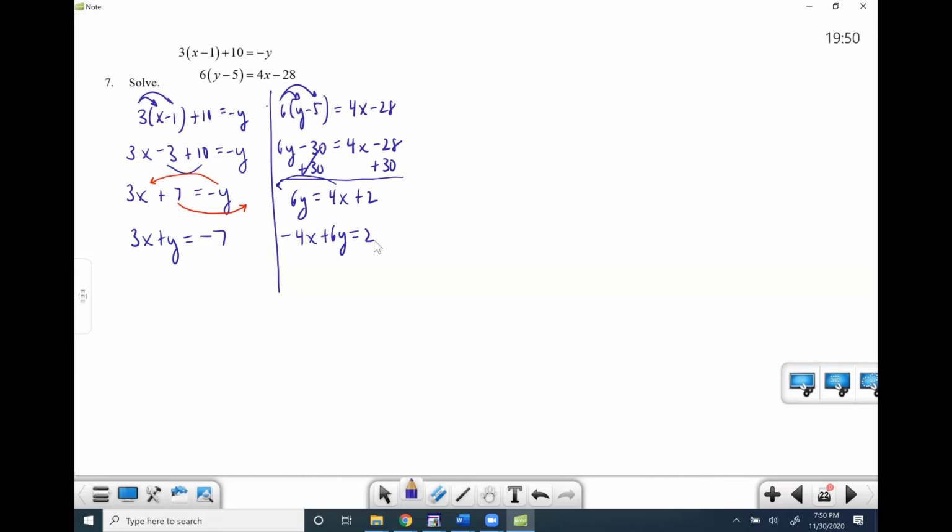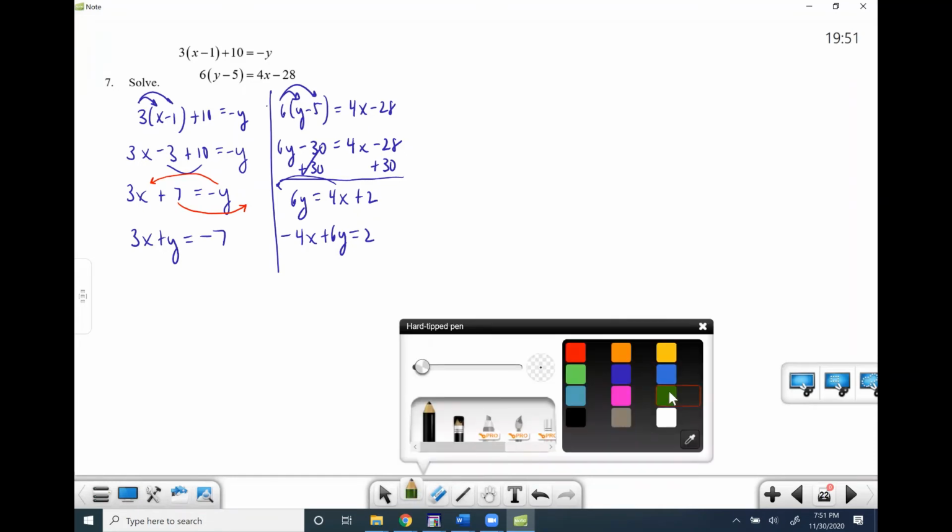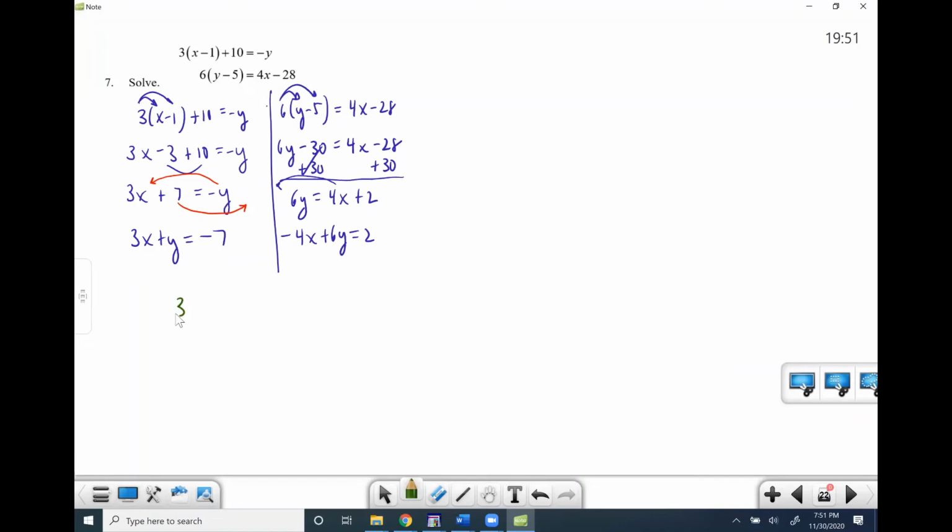All right, cool. So the reason why we got both into standard form is so that we can use stack and destroy, the addition method. If we stack them on top of each other, let's stare at them. What do you guys think would be the easiest to get rid of, the x's or the y's?